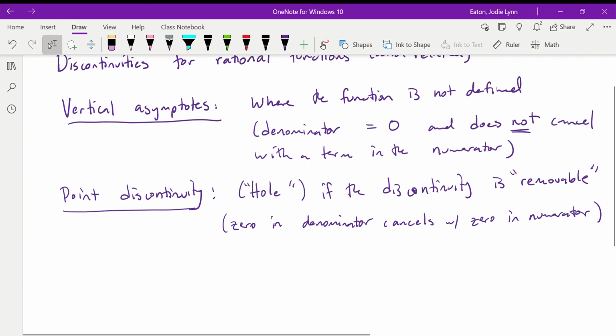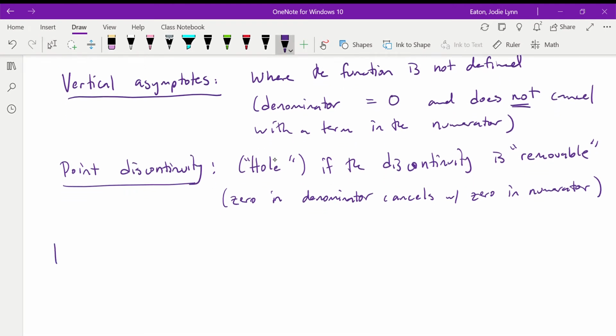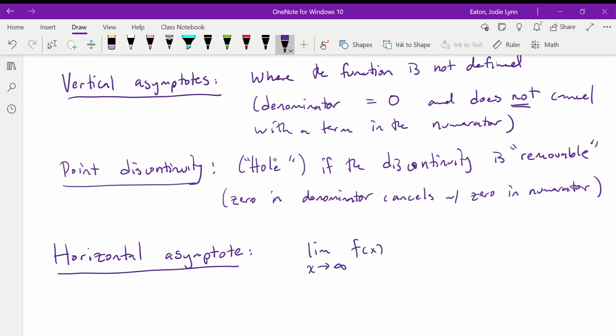The other thing we're going to have to look for is horizontal asymptotes, which are not discontinuities. You can cross a horizontal asymptote. That's something I often have to remind people. Horizontal asymptotes we looked at in our limits unit, where it's the limit as x approaches infinity of f of x and the limit as x approaches negative infinity of f of x.